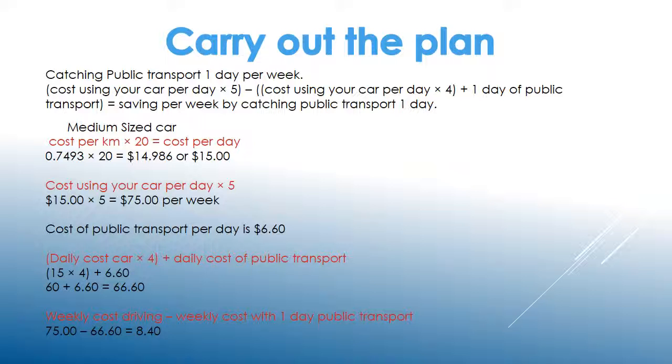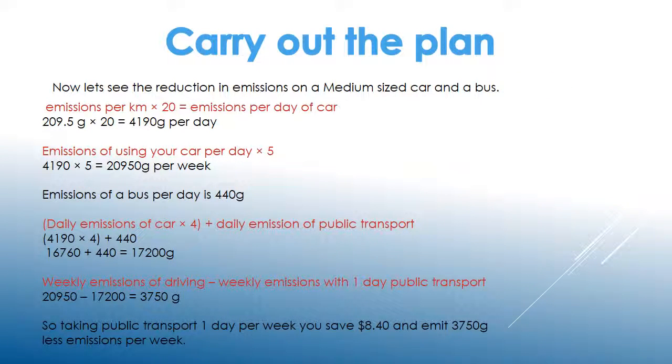Now the emissions per week if we were to catch public transport 1 day a week is the same. Emissions per kilometre by 20, 209.5 grams by 20 is 4,190. So if we do that by 5, we get an answer of 20,950 grams per week. Emissions of a bus per day is 440.